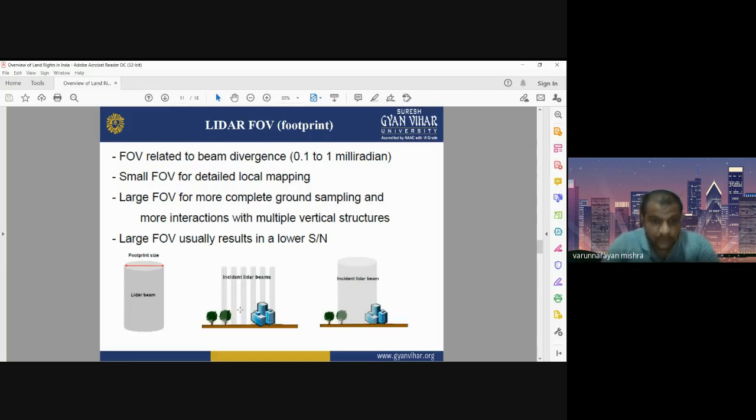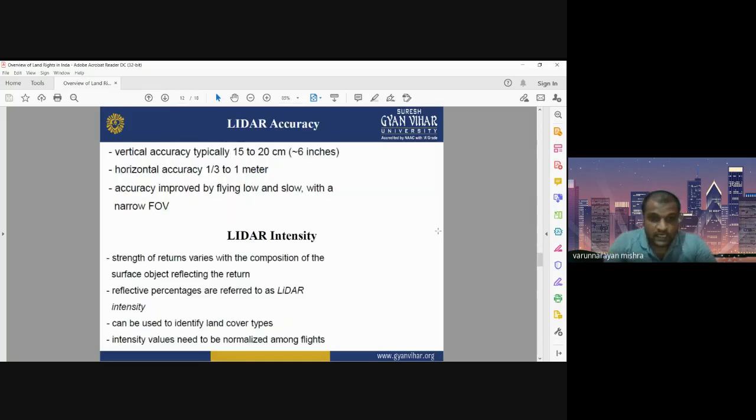This is another complexity: if we use a larger FOV, it will result in a lower signal to noise ratio. Lidar footprint is very important when we are going for lidar mapping or laser scanning. Lidar accuracy can provide vertical accuracy of around 20 to 50 centimeters. You can see the accuracy level.